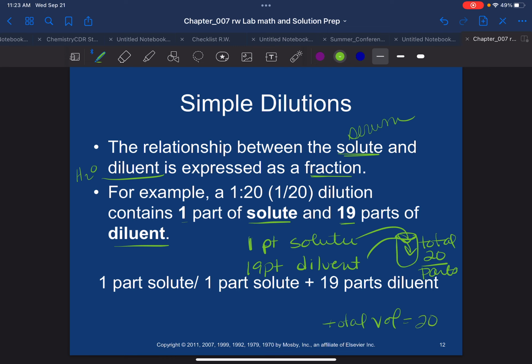Let's say you put 1 milliliter of serum in our tube, then you added 19 milliliters of water. You have a total volume of 20, and your dilution is 1 to 20, or 1/20th, because this is the total volume. It's a little confusing.